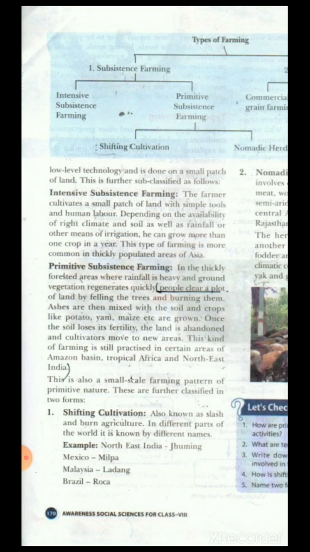These regions receive ample sunshine, having fertile soil and suitable weather conditions for growing more than one crop in a year. So this is known as intensive subsistence farming.